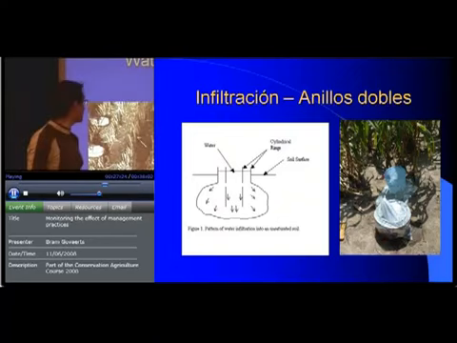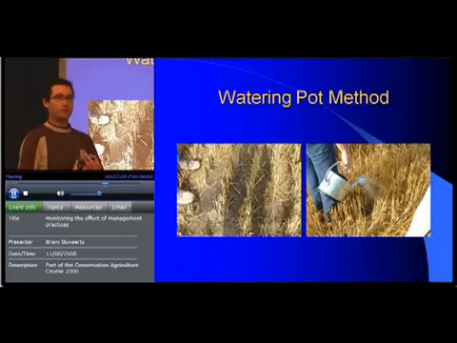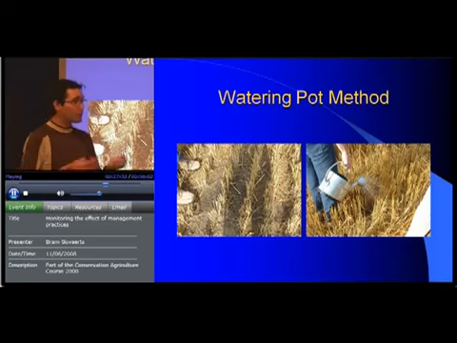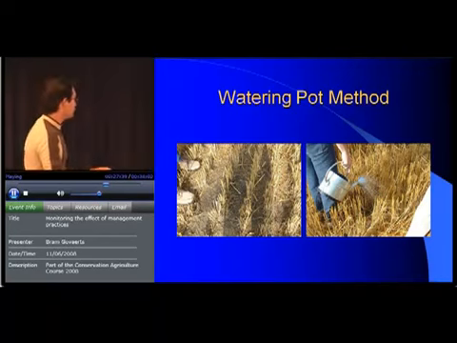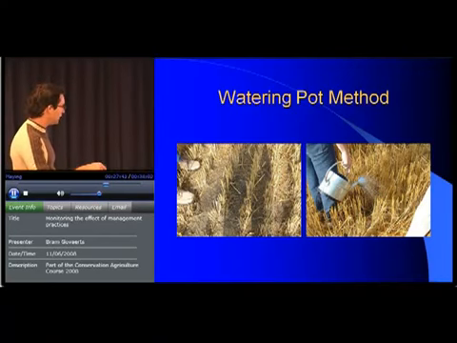So that's why we went to a methodology that is actually a rainfall simulator. But like I said, when I came here, there was no rainfall simulator. So we built a rainfall simulator. And actually our rainfall simulator is just, look carefully here, a watering can sitting on the ground.